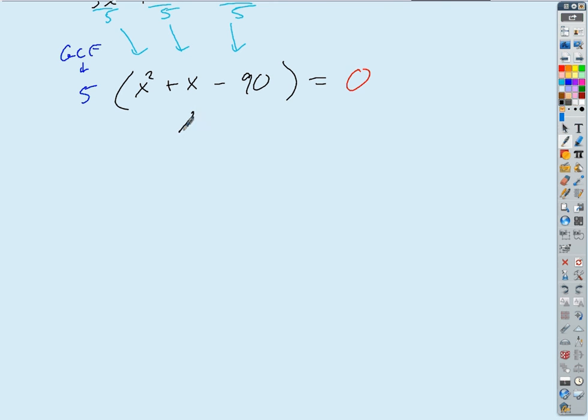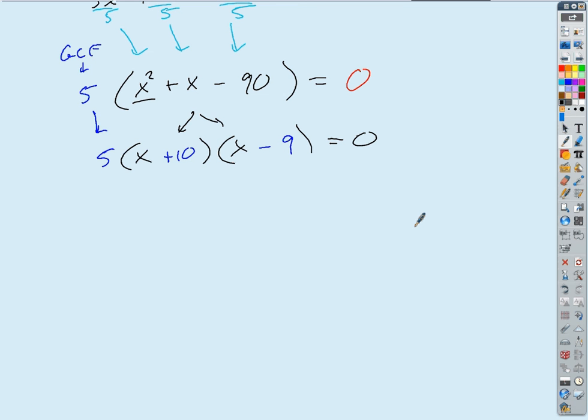That's an x squared, so we know those would both have to be x's. That 5, that's just hanging out front. We already pulled that one out front. So we have to multiply to negative 90 and add to 1. So plus 10 minus 9. Good. Equals 0. And then now we got it all factored.